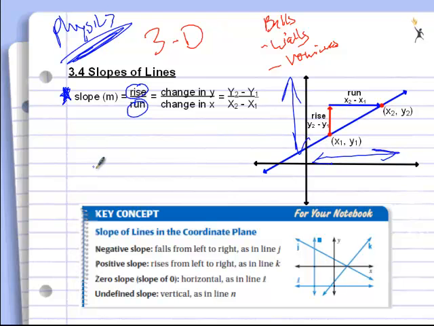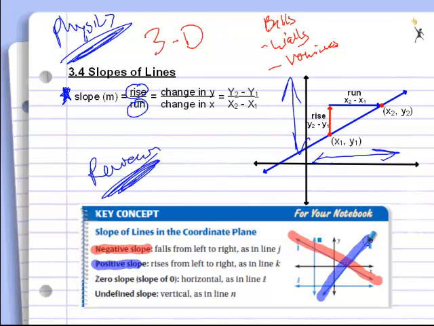Again, should just be a review, because you were introduced to these ideas in algebra. But you know what? It's been a while, and some of us forget. So we have to kind of review. There are 4 different types of slopes you can have. You can have a negative slope, where something actually decreases over time, or it falls from left to right, as in line J. You can also have a positive slope, where something rises over time, or it increases from left to right.